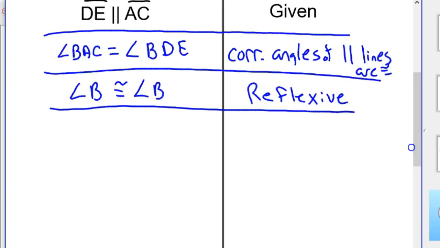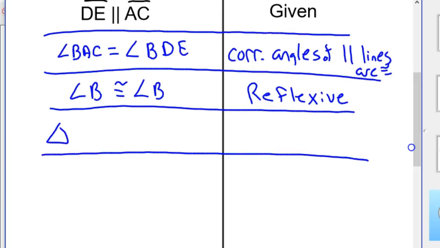So there we go. Once you know that two angles are congruent in the triangles, we know that triangle BDE is congruent, or not congruent, is similar to triangle BAC.